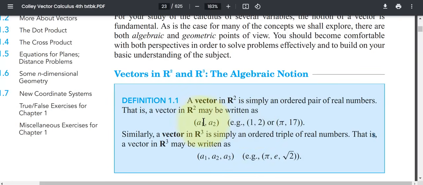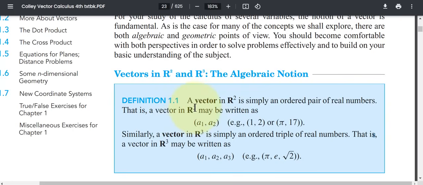In general, you might say A1 comma A2 instead of specifying the particular values. We could say pi is the first element and 17 is the second element, or for what we call a 3D vector, we say pi, e, and the square root of 2. When we have just two elements, we refer to that as a vector in R2.